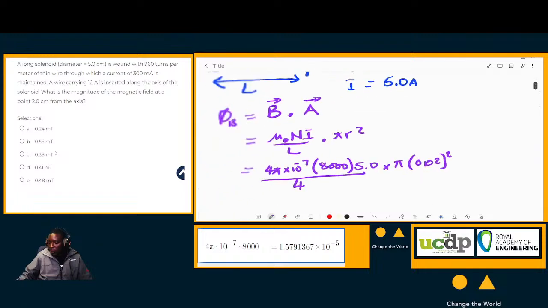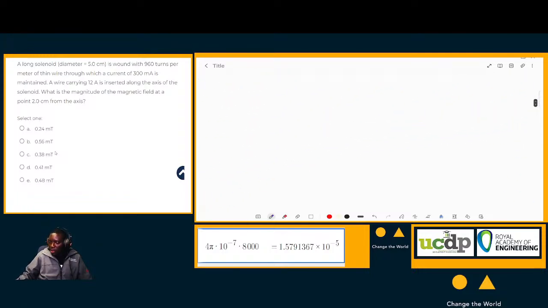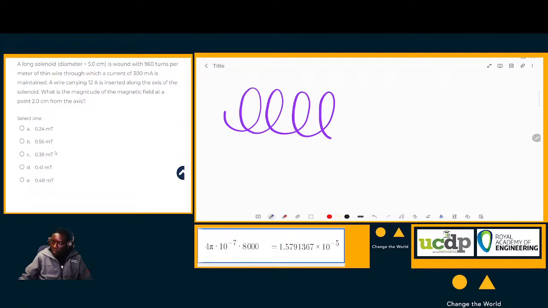So the picture again here is that of a solenoid like that with a wire carrying a current along its axis, and the current in the wire is 12 amps, and inside the solenoid we have 360 milliamps.